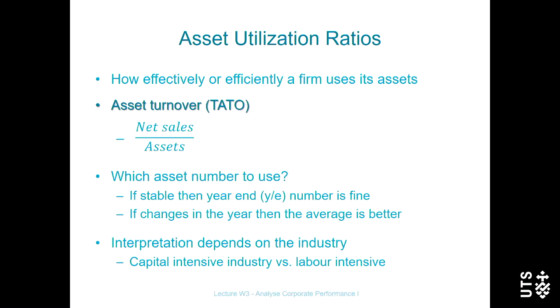Number one ratio of the efficiency group would be total asset turnover. So this is taking the top line of the income statement and dividing it by the left-hand side of the balance sheet, right? The total of assets that are under management.